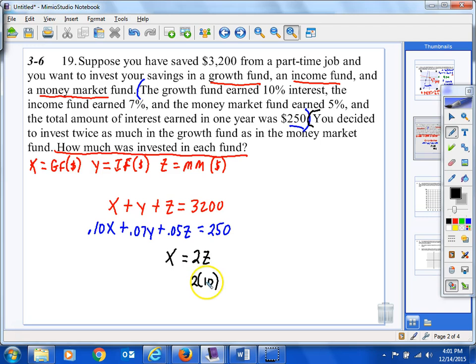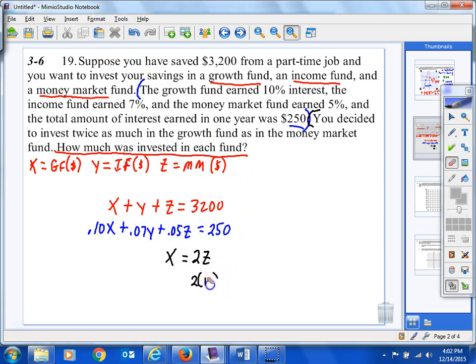Substitute 10 in for z. Well, that means the growth fund is $20. Does that match what this says? I decided to invest twice as much in growth as money market. Well, that works out, because if money market is 10, growth is 20, or twice as much.